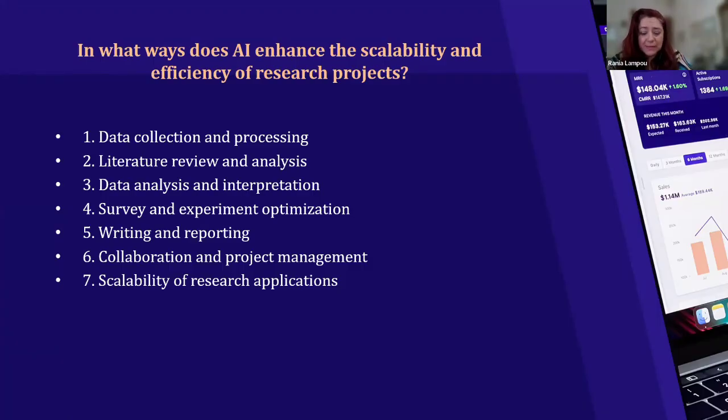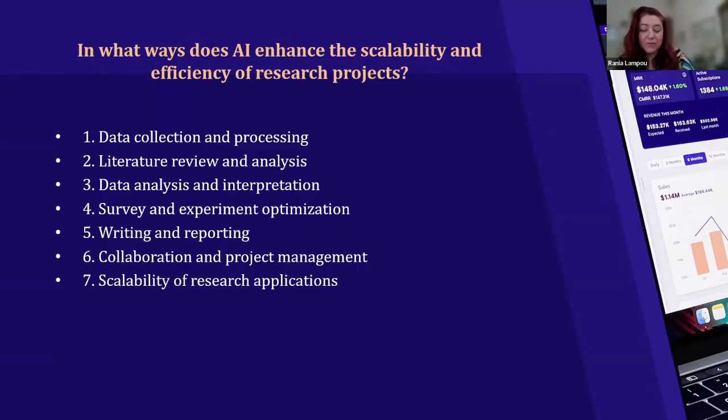So it's about faster processing because AI accelerates data cleaning, transformation, and organization, reducing manual labor. With literature review and analysis, tools like Semantic Scholar or Elicit can quickly synthesize relevant academic papers. So natural language processing models summarize articles, extract key findings, and identify research gaps.